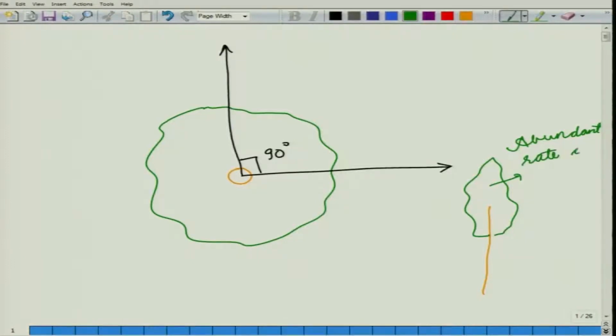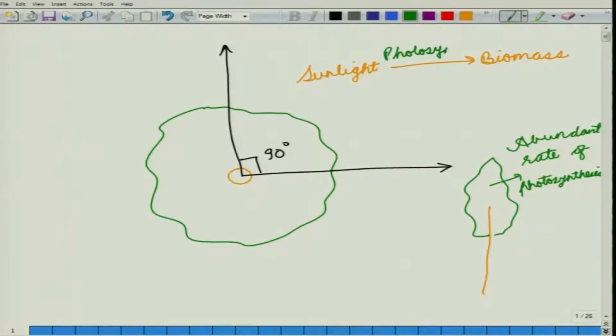rate of photosynthesis. Now, photosynthesis is the reaction by which sunlight gets converted into biomass. So, this is the process of photosynthesis.